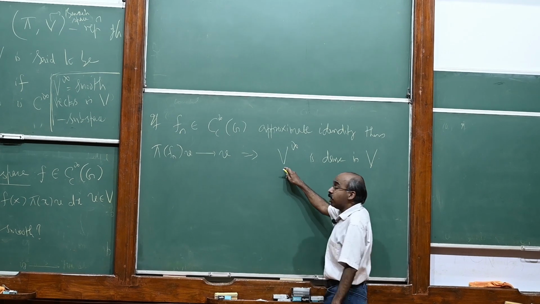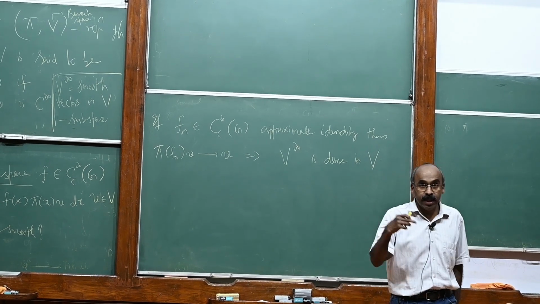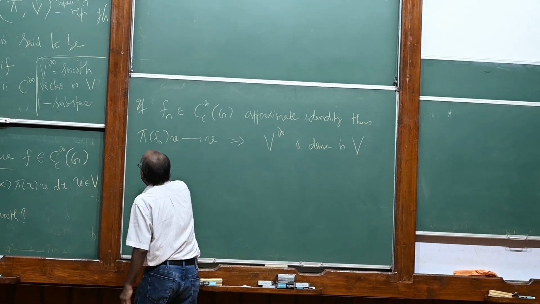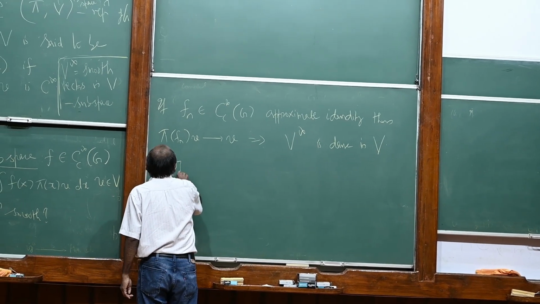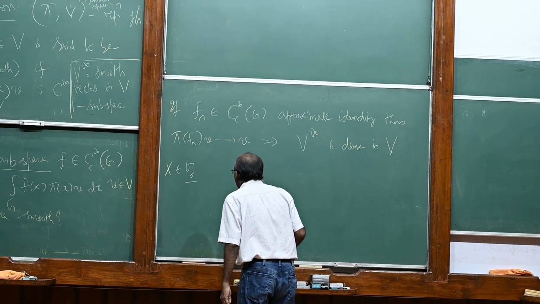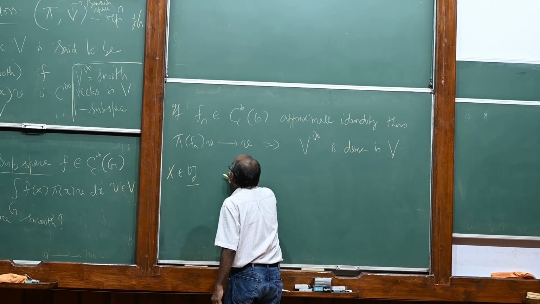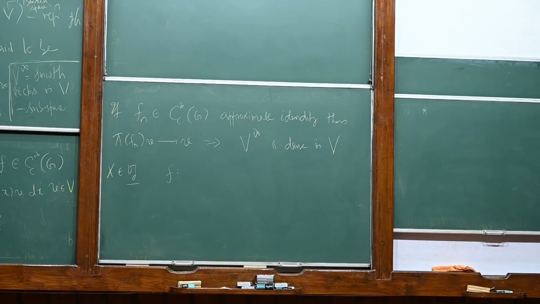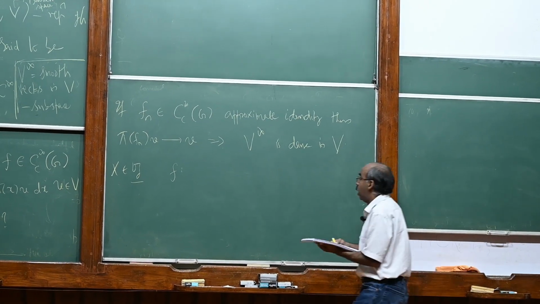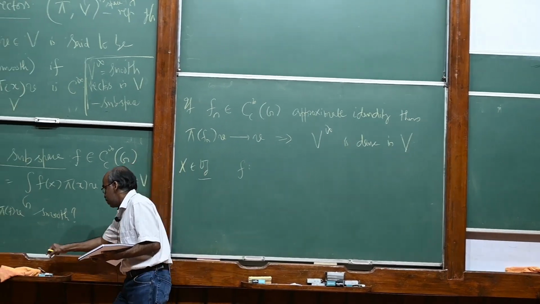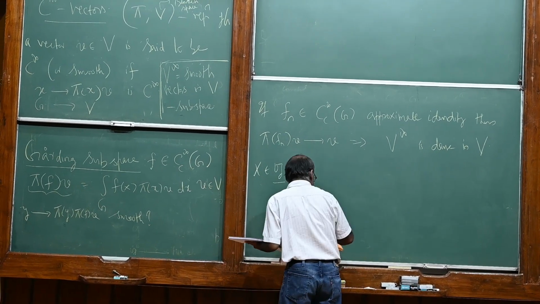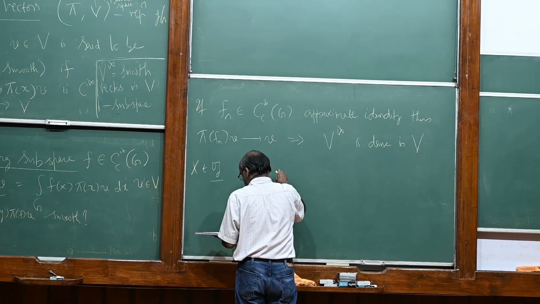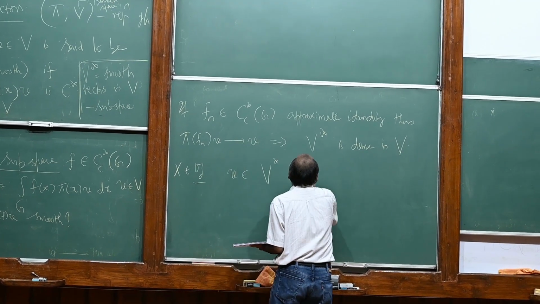Now, we want to define an action of the Lie algebra on these smooth vectors. Okay. So you take some element in the Lie algebra. So for x in g, the Lie algebra, and v in V infinity defined.